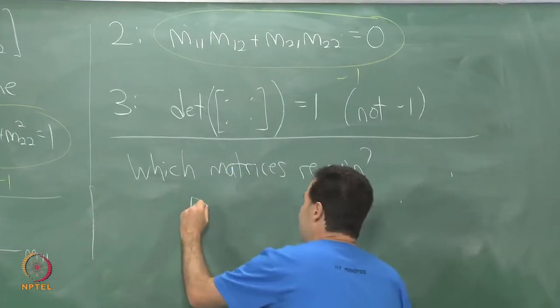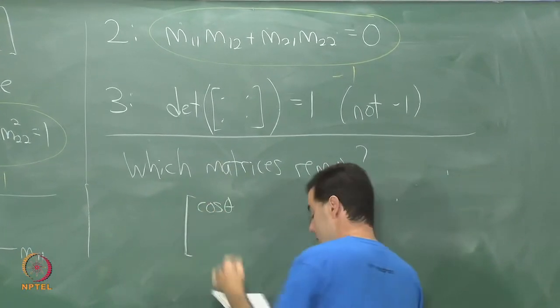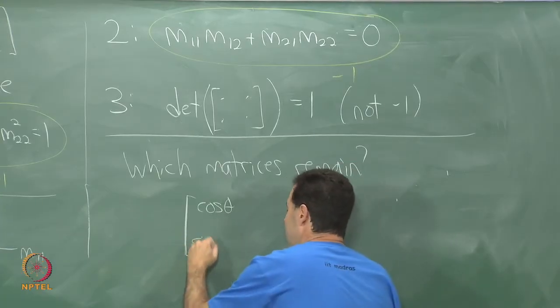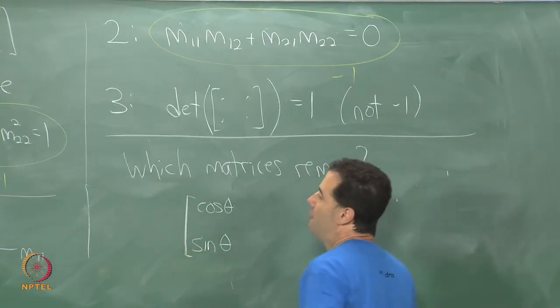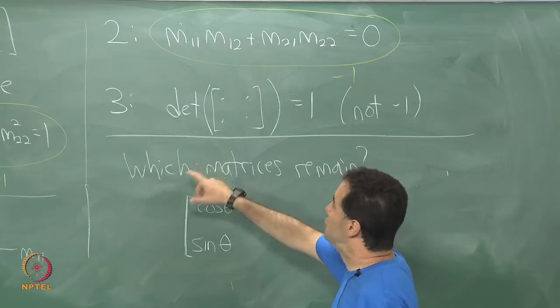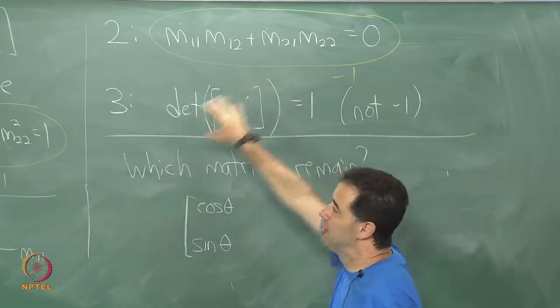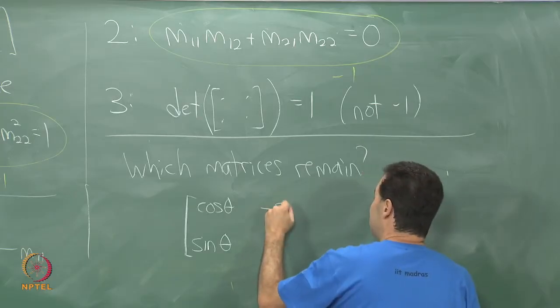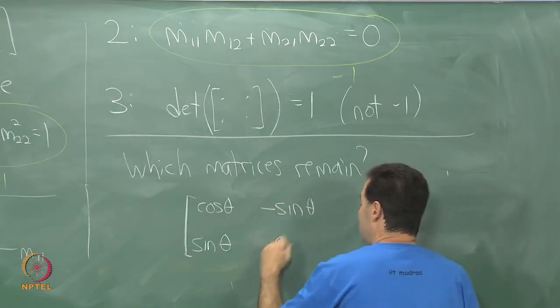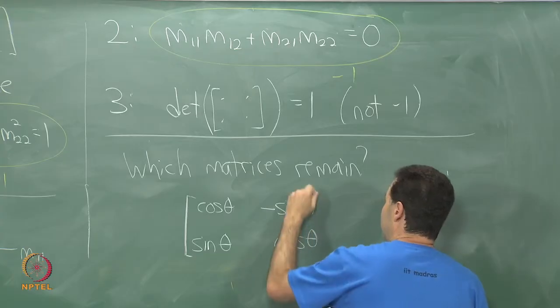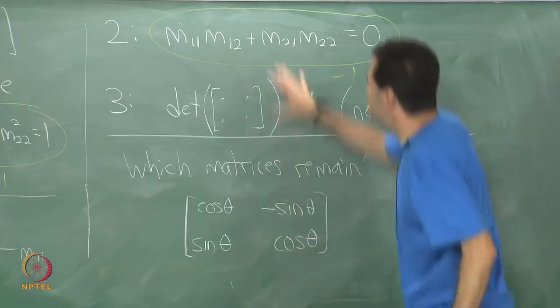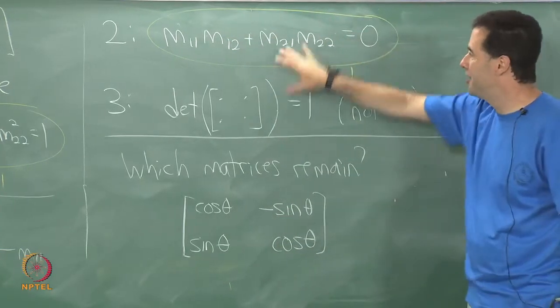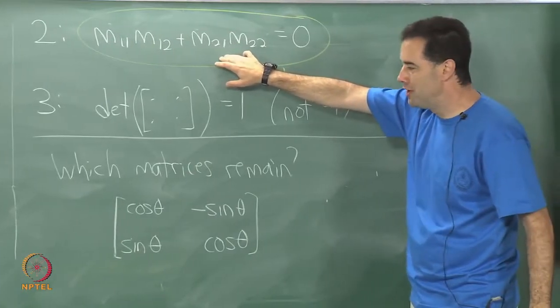So the matrices I get are cosine theta, sine theta, and now I just do simple substitutions to figure out from the algebra in these equations in number 1 and number 2 the rest of it. I get minus sine theta and cosine theta, and you can do simple substitution up here, for example, to verify that constraint number 2 is just fine.